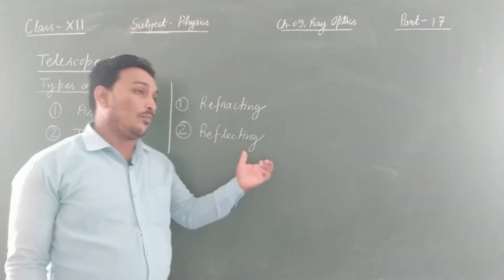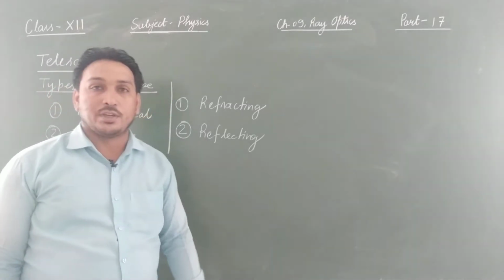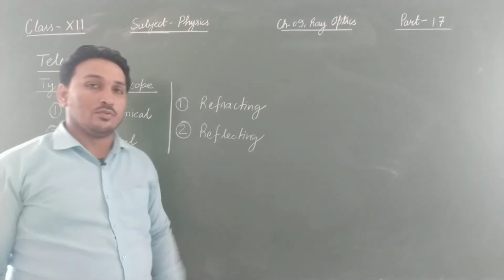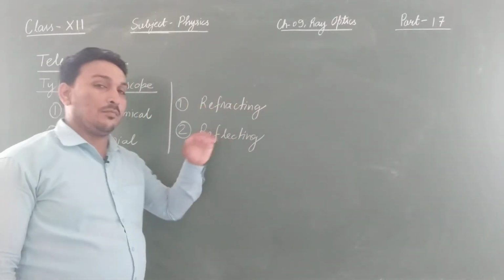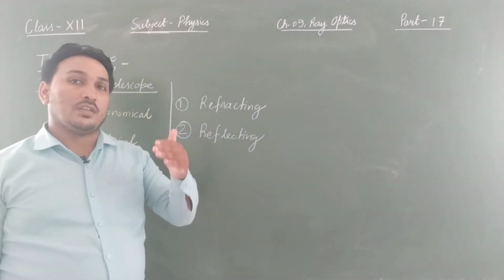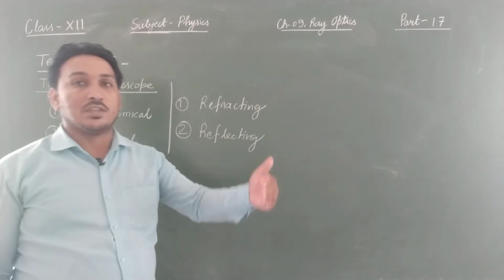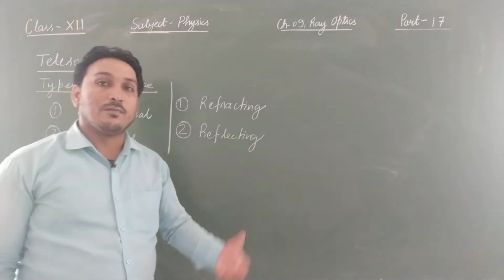In the reflecting type, mirrors are used as the objective, and the eyepiece is again a lens only. What is the objective? Objectives are the lenses or mirrors which face the object. What is the eyepiece? Through the eyepiece we view the final image.